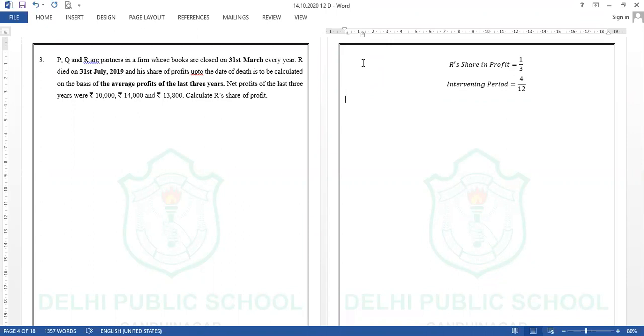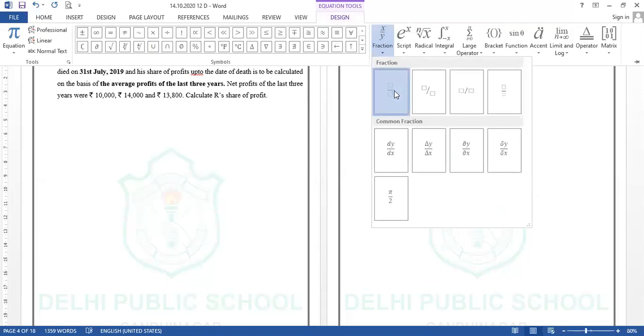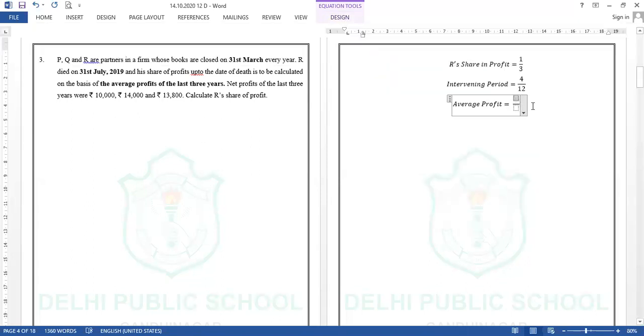Now the average has to be calculated. To calculate the average profit, we need the addition of these 3 profits: 10,000 plus 14,000 plus 13,800, to be divided by 3.